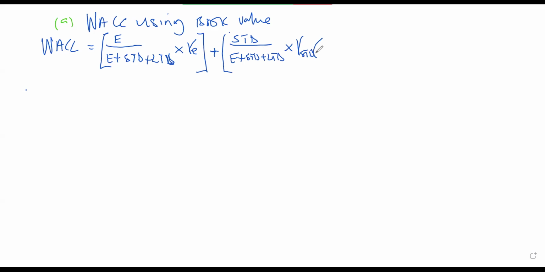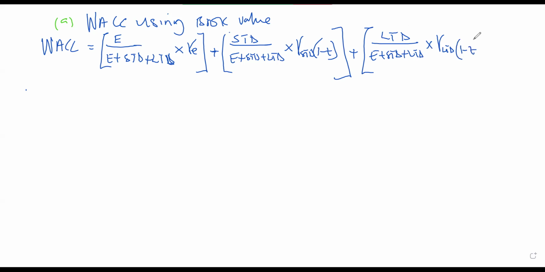So times 1 minus T, plus long-term debt over equity plus short-term debt plus long-term debt times cost of long-term debt, which is also debt, so times 1 minus T.